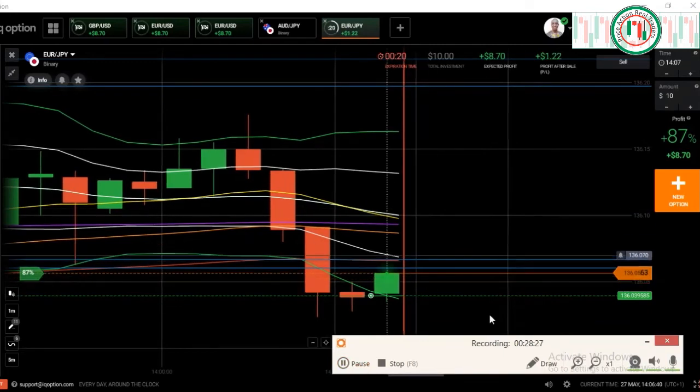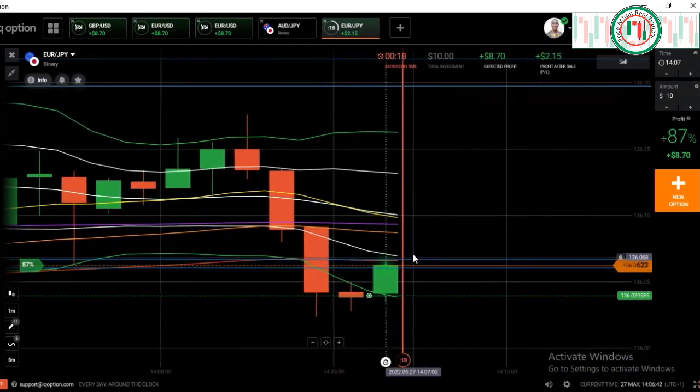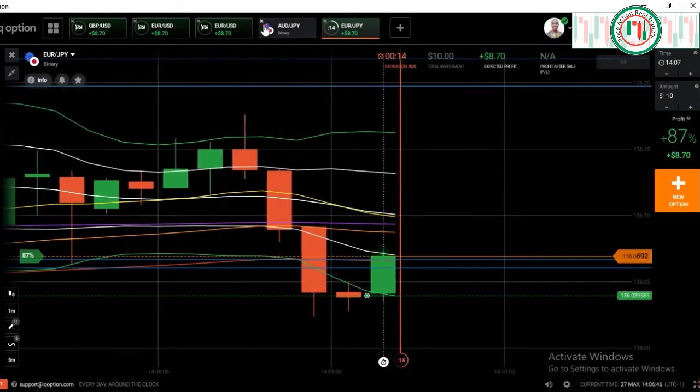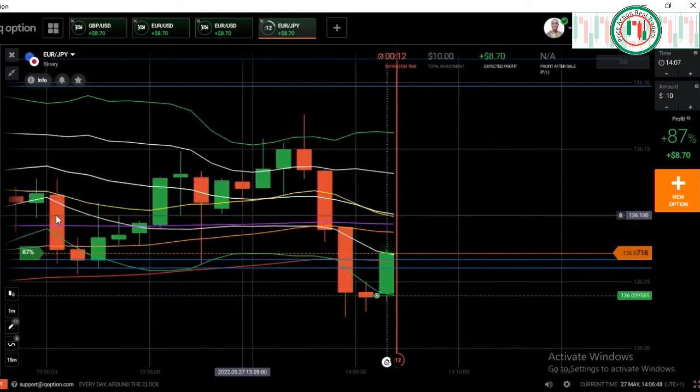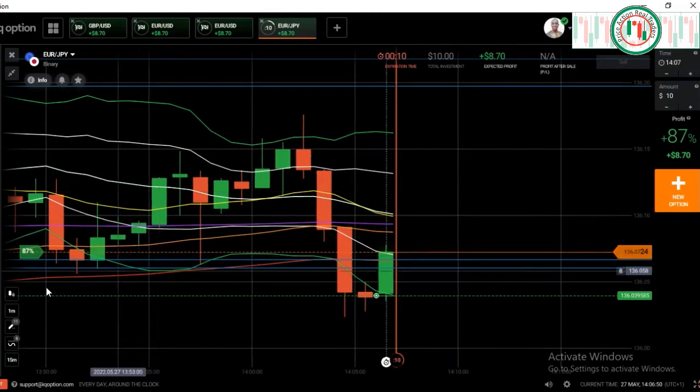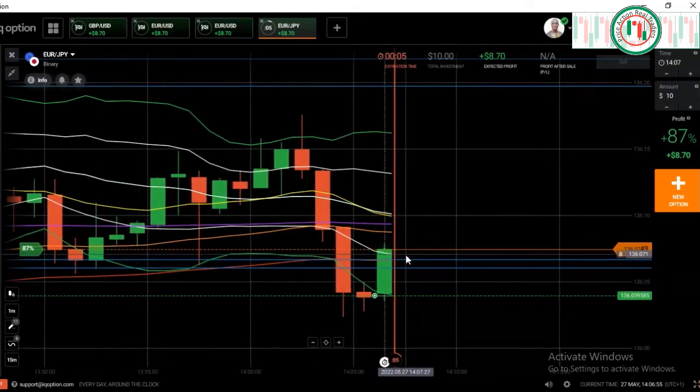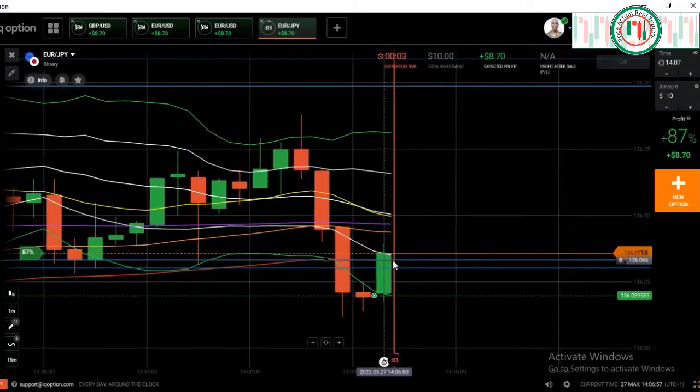So you see the market is reversing, so I know definitely from here the market must reverse because of this breakout of this zone. You see the market is trying to touch this zone, so anytime this way you're supposed to take your trade.